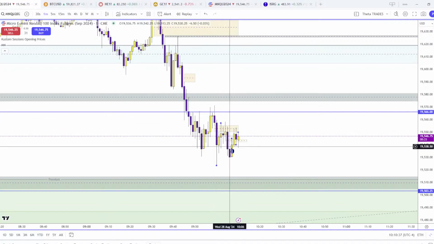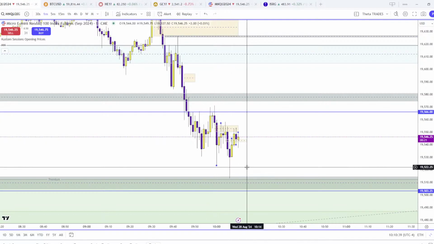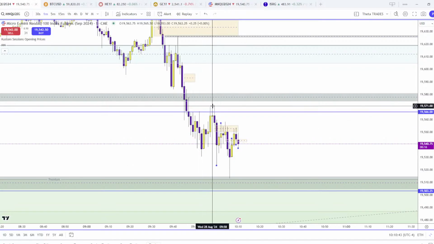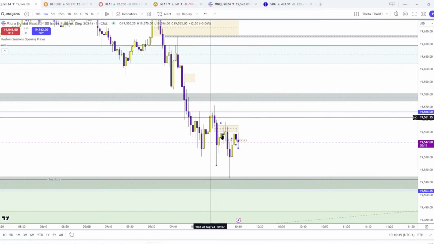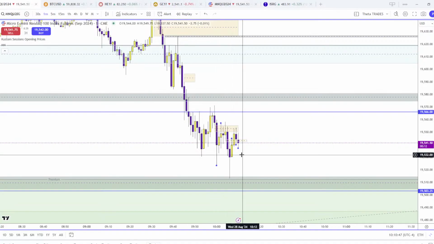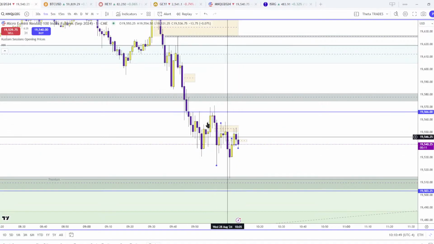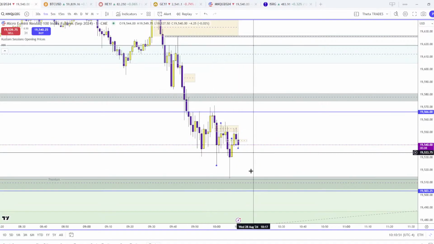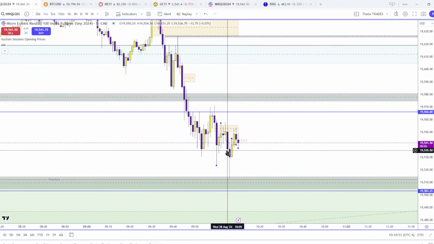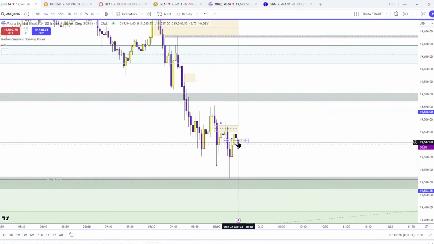I'm banging around between these two right now. Inside that range, this is like a discount, but they're both SIBIs. I want a SIBI and a BISI. There's no BISI over here either. So we get below this, then you're bearish again.